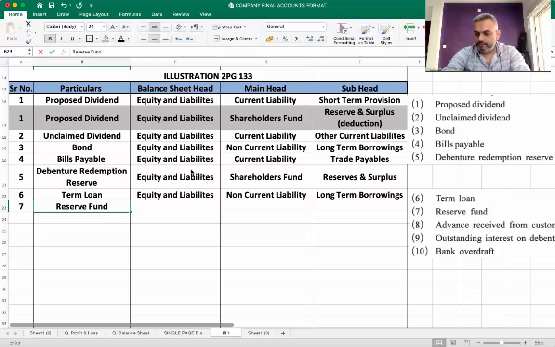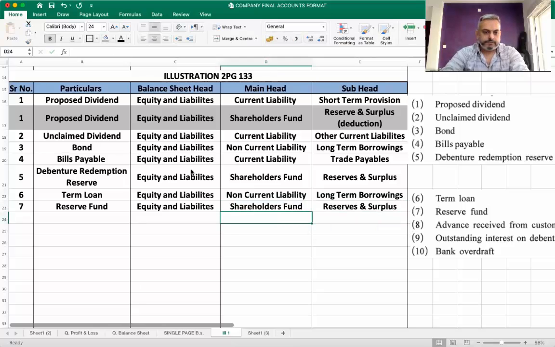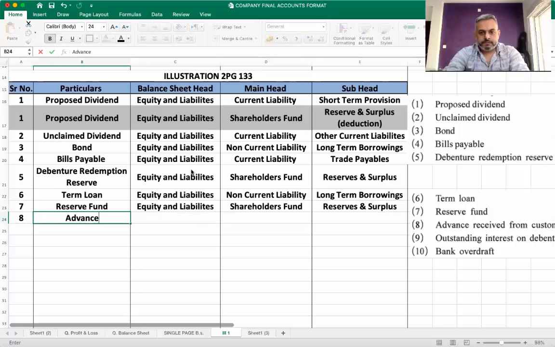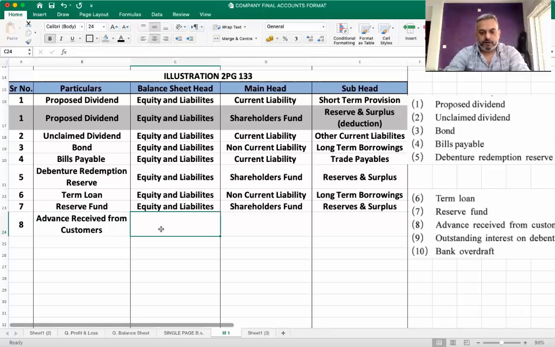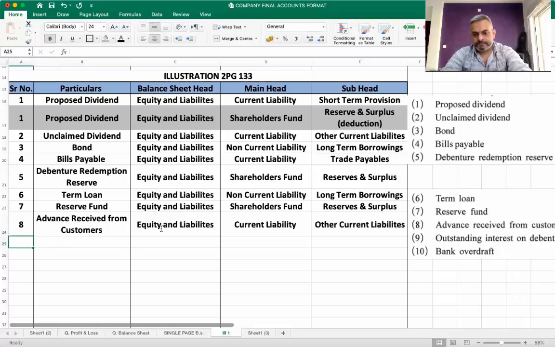7. Reserve fund. Equity and liabilities, shareholders fund, reserves and surplus. Advance received from customers. Advance received from customers is your liability, so equity and liabilities, current liabilities, other current liabilities. 9.